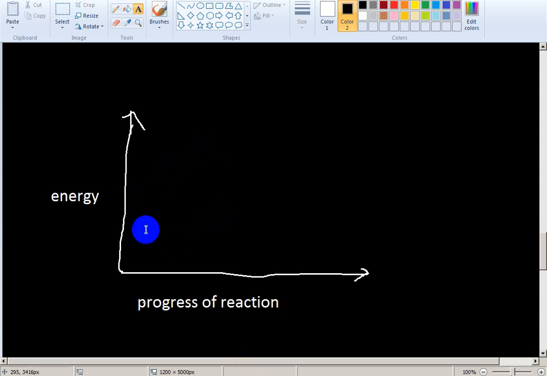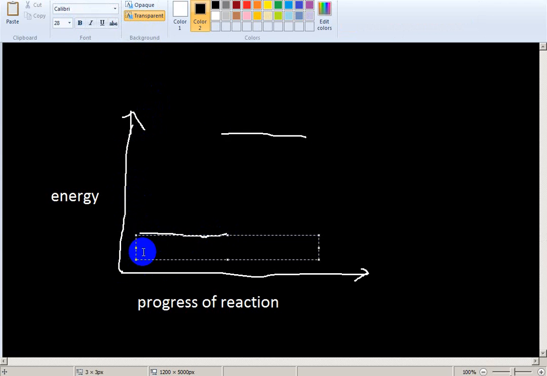Here I am now doing the endothermic reaction. In an endothermic reaction, reactant energy is less than product energy. Product energy is more, so here reactant energy is less. This is energy increasing. This is the reactants' energy.